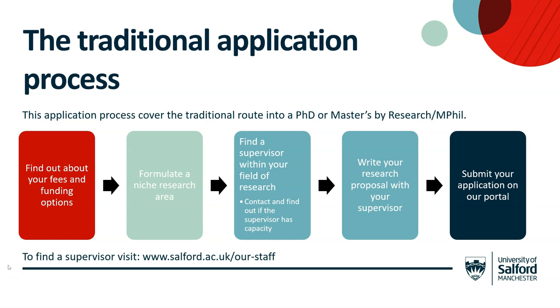So for this step, you'll need to go onto our staff web pages, which is linked just below, and you'll need to search the word supervisor with the field that you're looking into. So for example, if your research sits within criminology and you're looking at crime rates within a specific area, domestic abuse for example, you would then search something like supervisor criminology, and it'll come up with all the supervisors who do something within criminology.